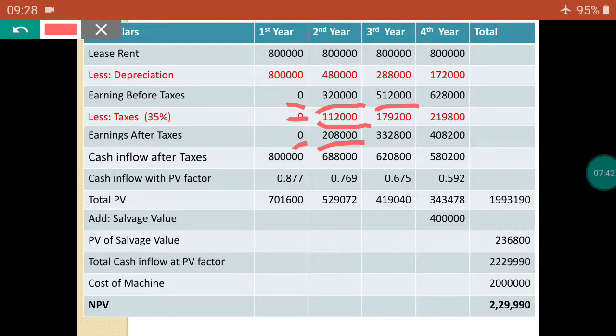Third year, 5 lakh 12,000 minus 1 lakh 79,200 equals 3 lakh 32,800. Fourth year, 6 lakh 28,000 minus 2 lakh 19,800 equals 4 lakh 8,200 rupees. That is how you get earnings after taxes: EBT minus taxes.